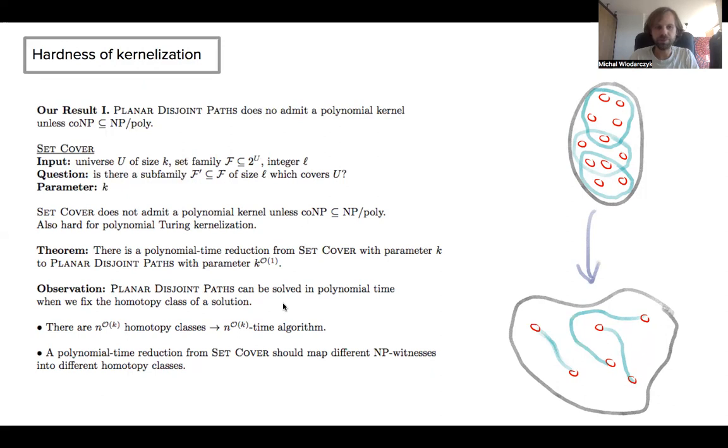It is expected that a polynomial time reduction should not reveal too much information about the NP witnesses. So this reduction should map different NP witnesses for set cover, so tuples of sets, into different homotopy classes. Yeah, so that is some intuition.